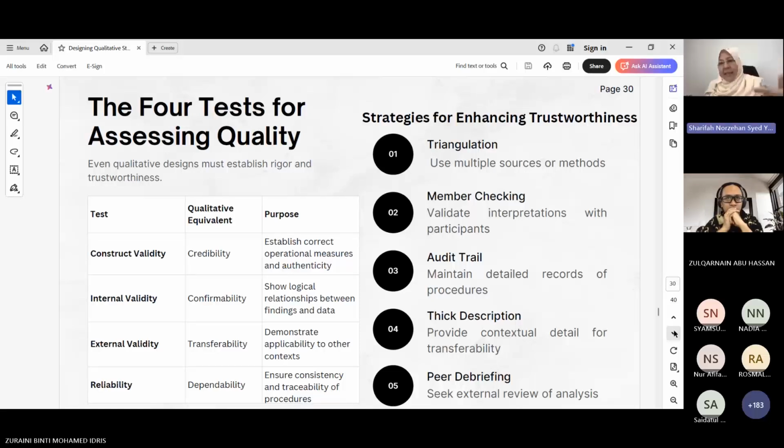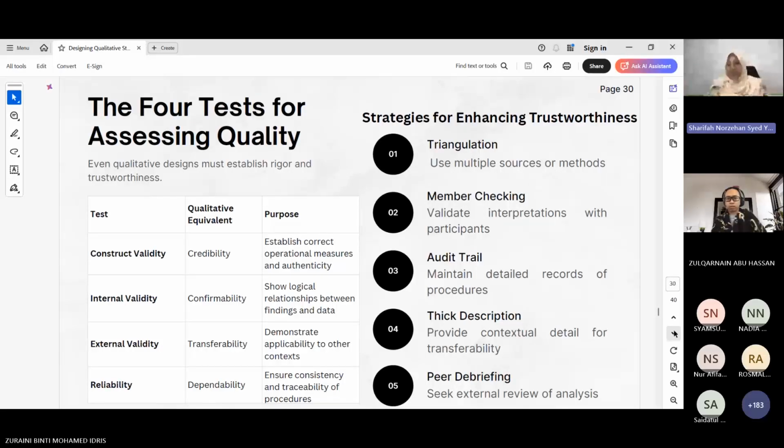And if there are certain words mentioned by your participants that you interpret in a certain way, to ensure that your interpretation is correct, you can call the participant back, ask him or her to confirm whether what you think is correct or not.